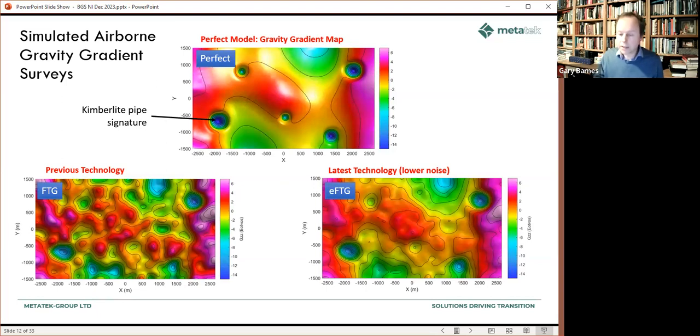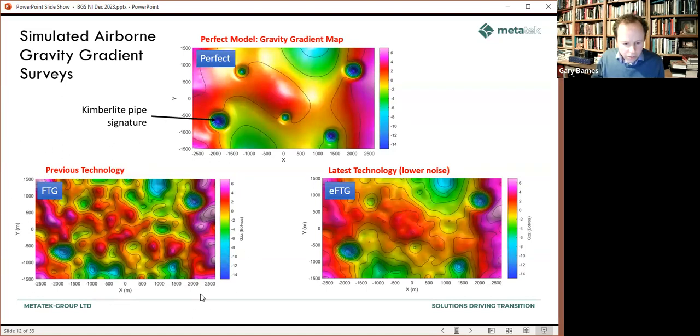It's much bigger, it's much more sensitive, and it's able to acquire very, very accurate data, even in highly turbulent conditions. So with these feasibility models, not only are we able to plan what line spacing is suitable for a survey, we're also able to test what instruments are suitable for various surveys.